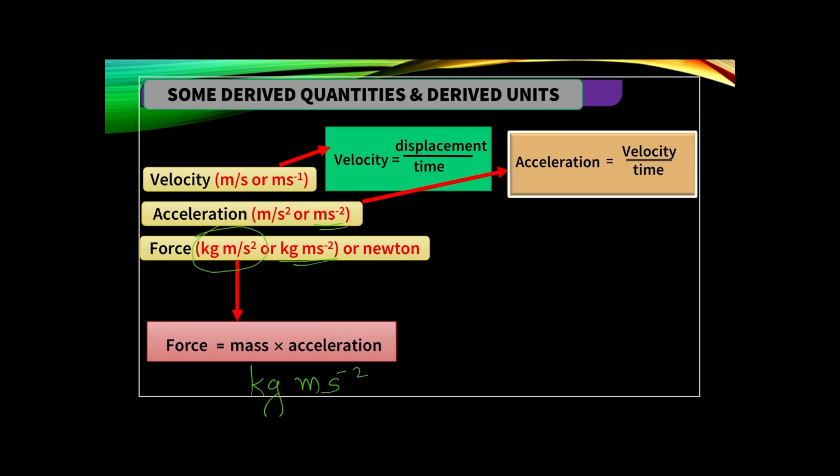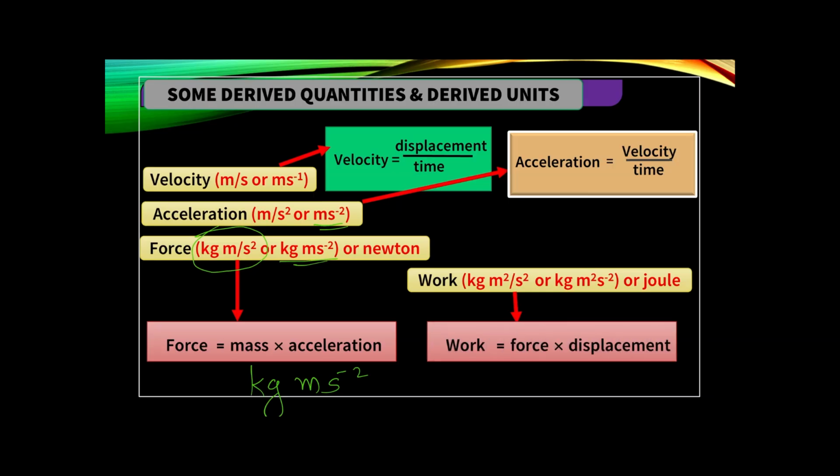And we move on to another physical quantity, work. To know the unit of work, you need to know the equation for work, which is force times distance. Just now we have done the unit of force, what is the unit of force? Kilogram m s^-2 times displacement, which is in meter. I'm writing one more meter.